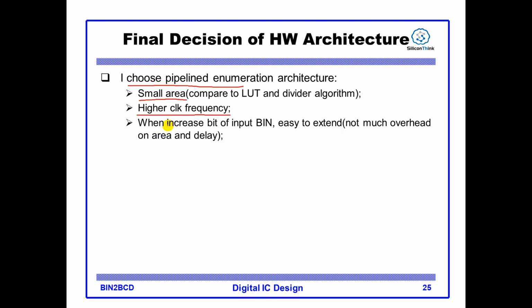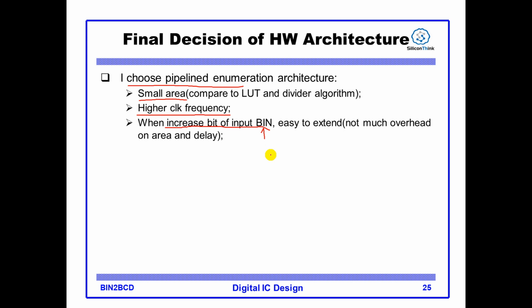That is, when increasing the bit width of input and bin, it's easy to extend. There is not much overhead on area and delay. But the enumeration algorithm and architecture may not be the best algorithm and architecture for this problem. There may be better algorithms.